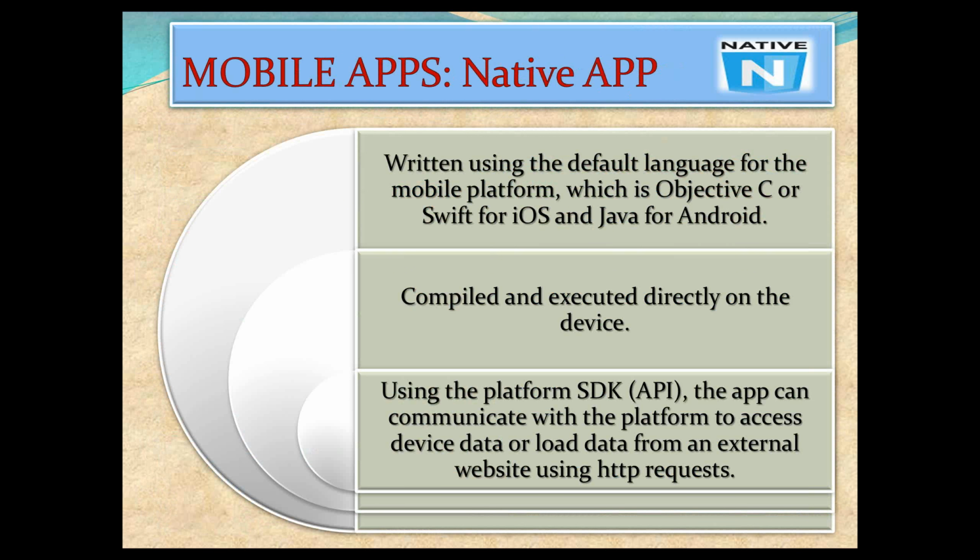So let's talk about the native mobile apps. They are written using the default language for the mobile platform, which is Objective-C or Swift for iOS and Java for Android. Native apps are compiled and execute directly on the device. Using the platform SDK, also called the Application Programming Interface, the app can communicate with the platform to access device data or load data from an external website using HTTP requests.